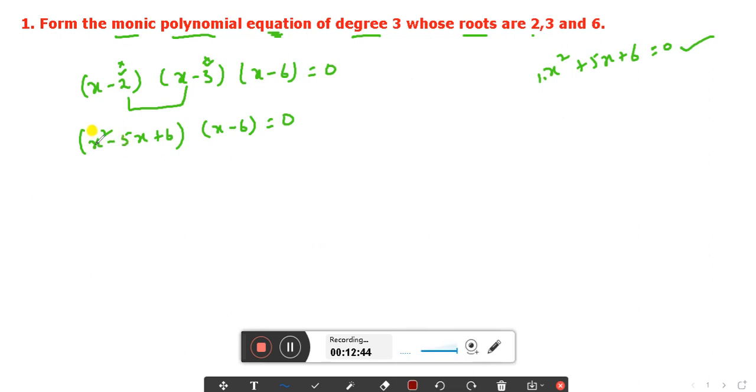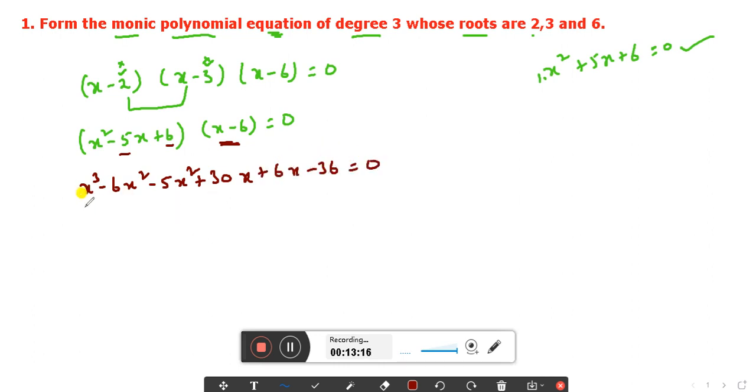Next, x square we have to multiply with x and 6, so that x cube minus 6x square. Now 5x is multiplied with all these terms, so that becomes minus 5x square, and minus of minus becomes plus 5 6 30x, and now 6 is multiplied with all these terms, plus 6x minus 36 equals 0.